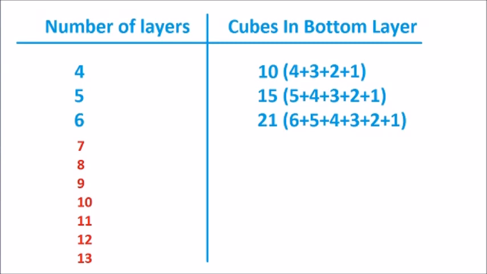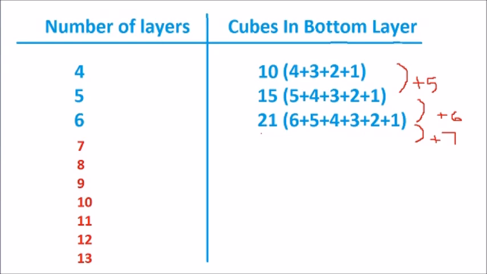Now, if the figure had 7 layers, we could simply add 7. And why? If you notice here, the jump is plus 5. Here, the jump is plus 6. So, therefore, we can assume that the jump in layers 6 and 7 would be plus 7.